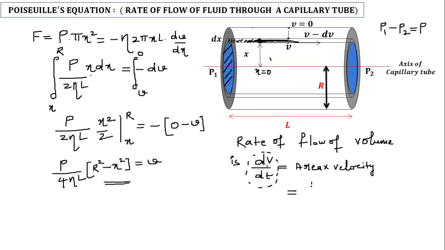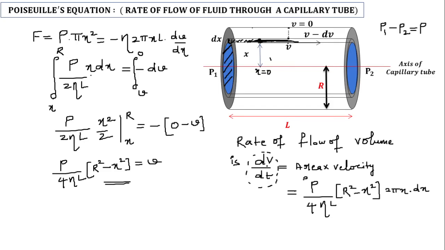So the velocity we got as P by 4 eta L into R square minus x square, and the area through which it flows is this area which you're trying to find out. It becomes 2 pi x into dx, because pi x square is the area of the circle, so dA can be written as 2 pi x into dx, which gives dV by dt.